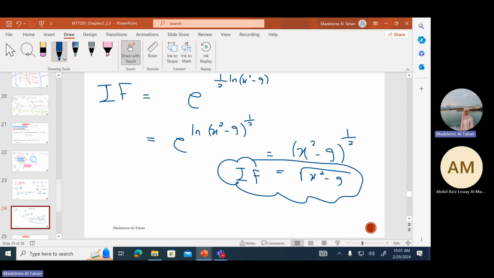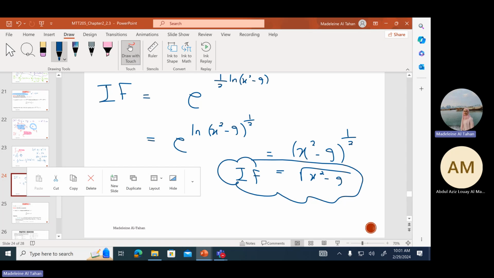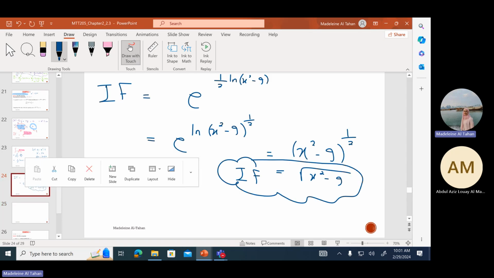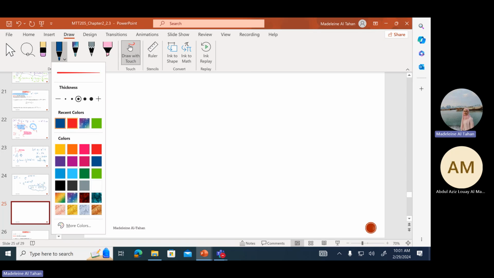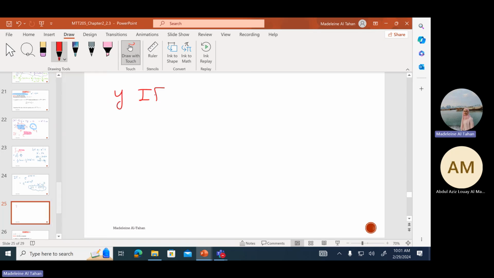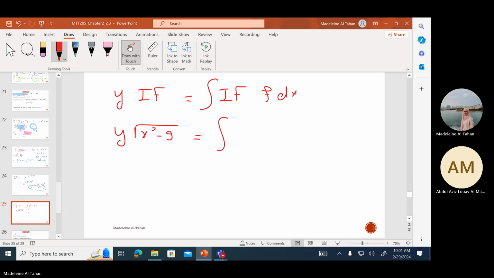What's the next step after the integrating factor, miss? Okay, so what's the solution that we would write it as? Y times integrating factor equals integrating factor times R. So y radical x squared minus 9 is equal to radical x squared minus 9 times, what was R? 0.